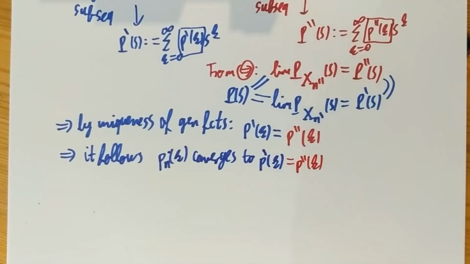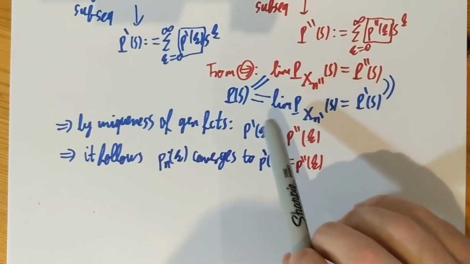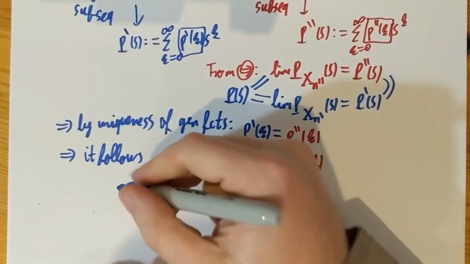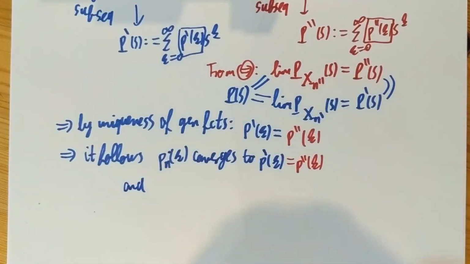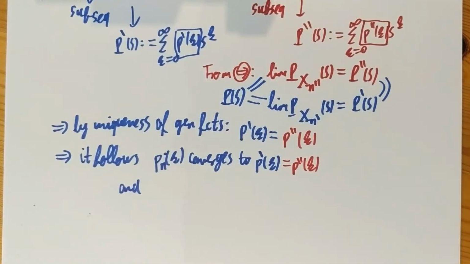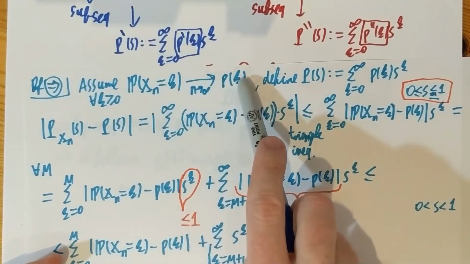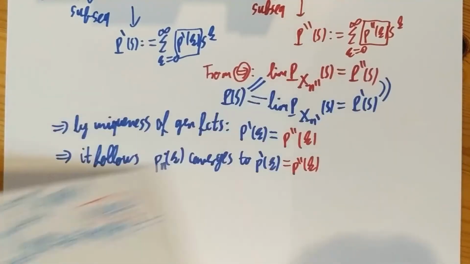And if we produce a generating function from that limit, that is going to be P of s. So, from the first part again, convergence of the mass functions means that the generating functions converge.